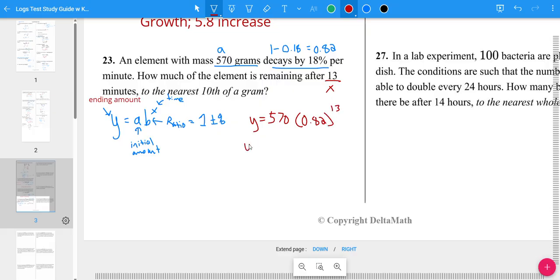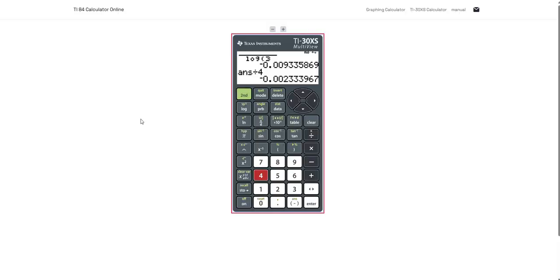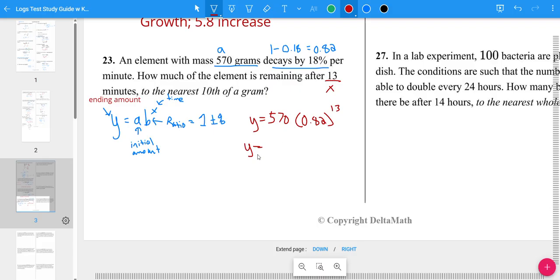If I put this in a calculator, 570, 0.82 to the 13th, to the nearest tenth of a gram, it's going to be 43.2. Okay.